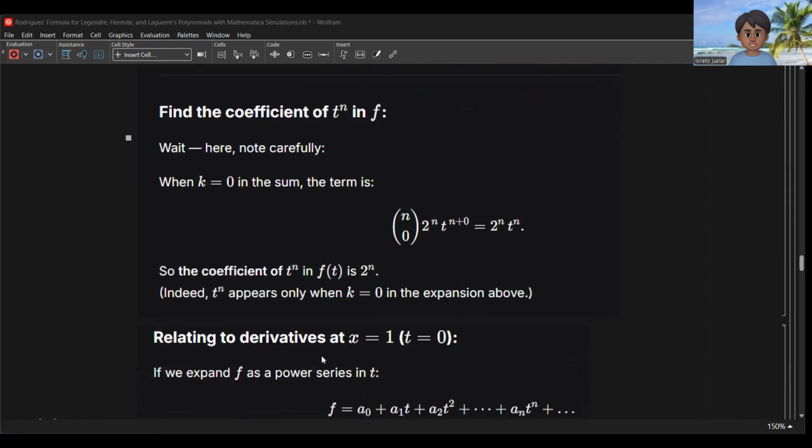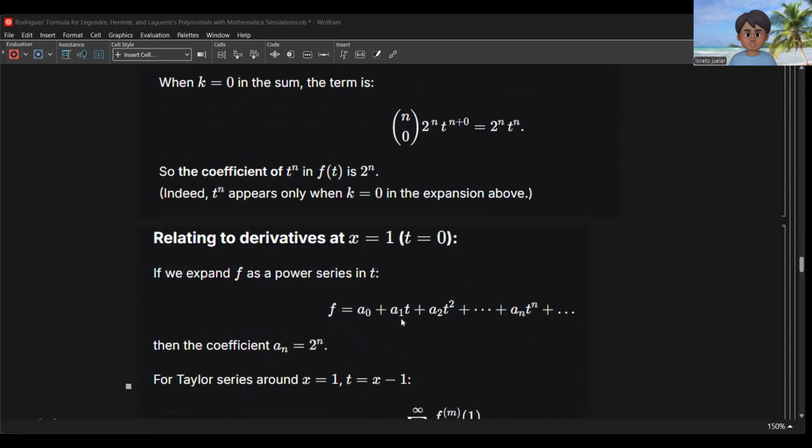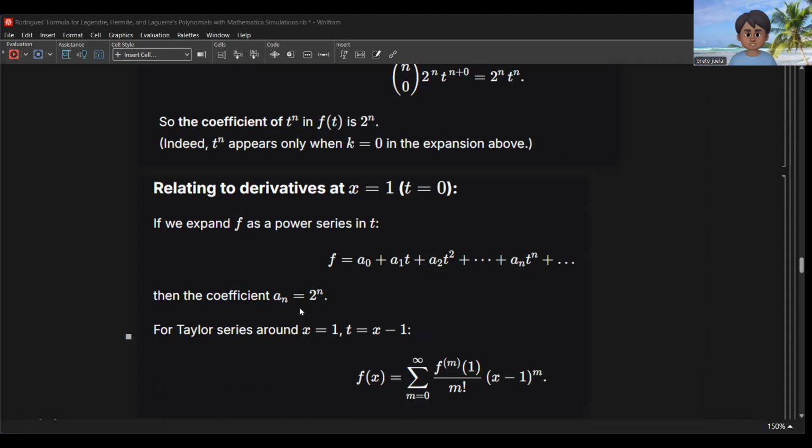So relating to derivatives at x equal to 1, t equal to 0 here. If we expand f as a power series in t, a sub 0 plus a sub 1 t plus a sub 2 t squared, and in general a sub n t to the n and so on, then the coefficient a sub n here equals 2 to the n.